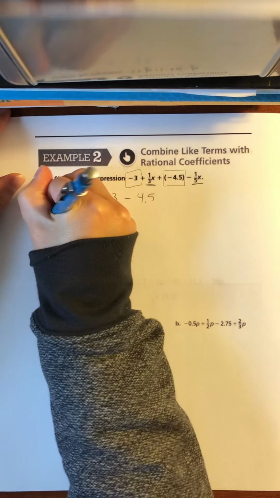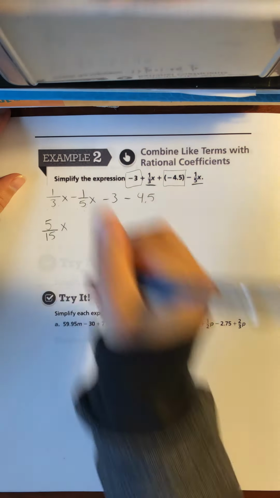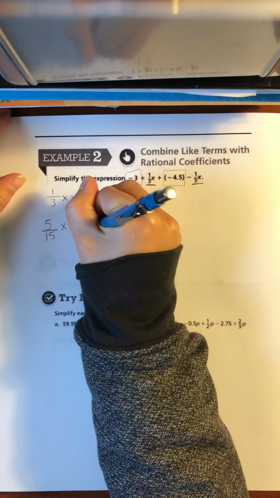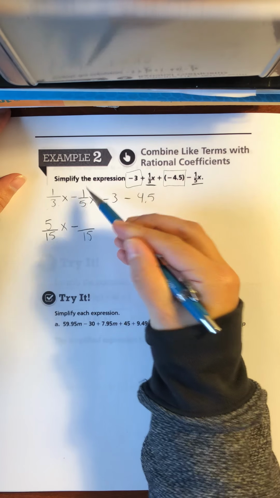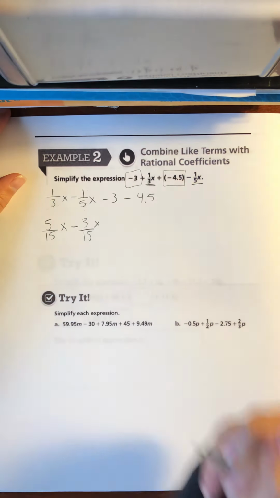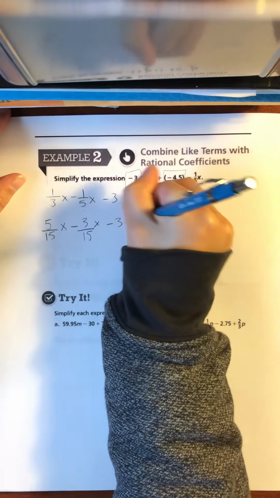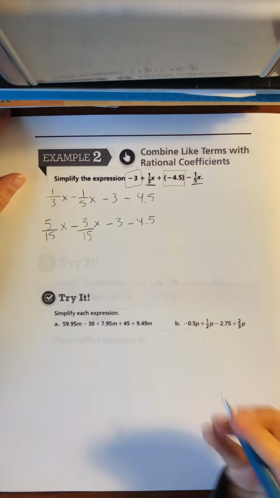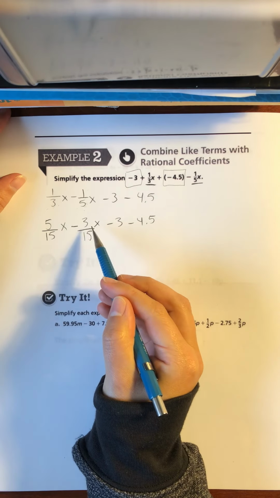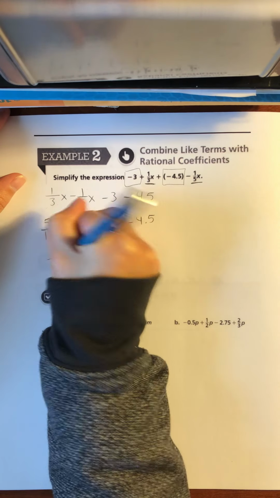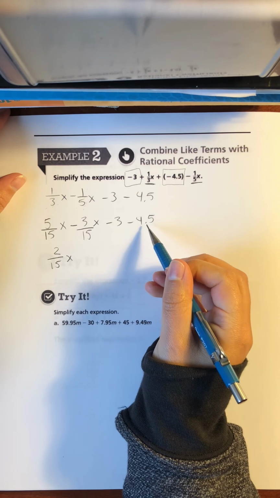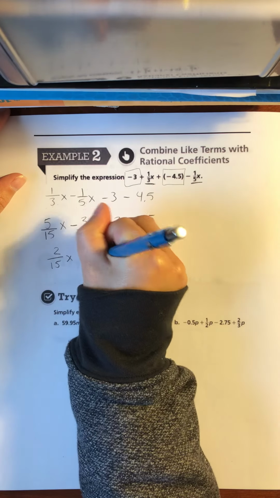So 1 times 5 is 5, so 5/15 x minus, I multiply by 3, multiply by 3, 3/15 x minus 3 minus 4.5. 5/15 minus 3/15 is 2/15 x. Negative 3 minus 4.5 is negative 7.5.